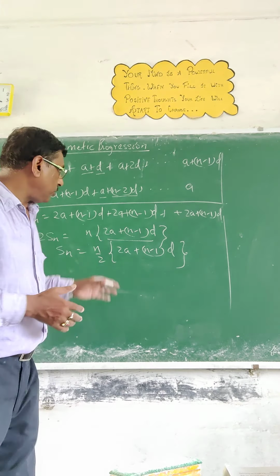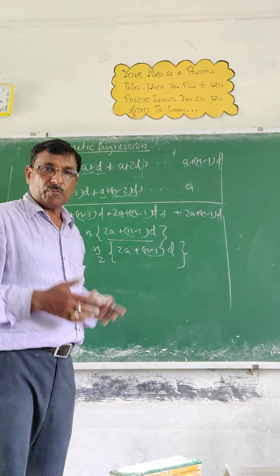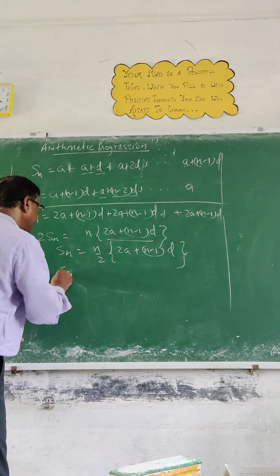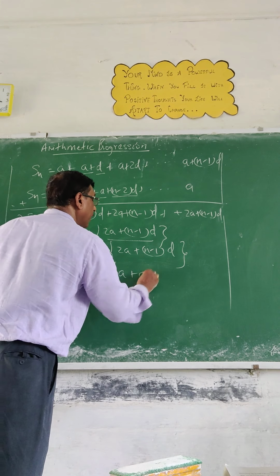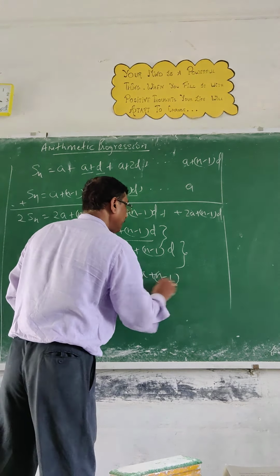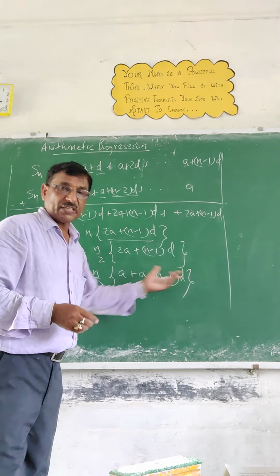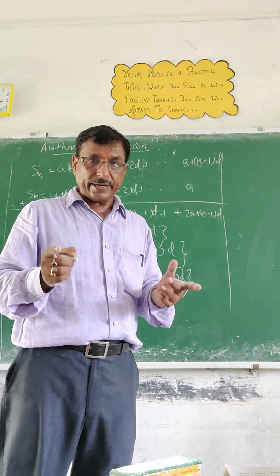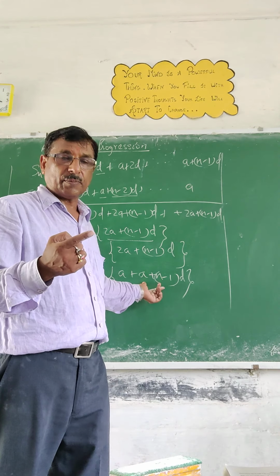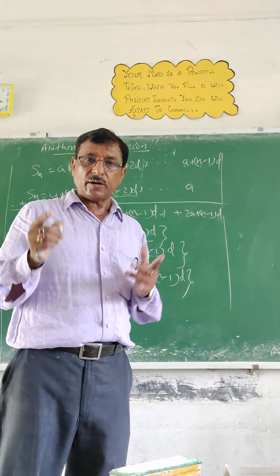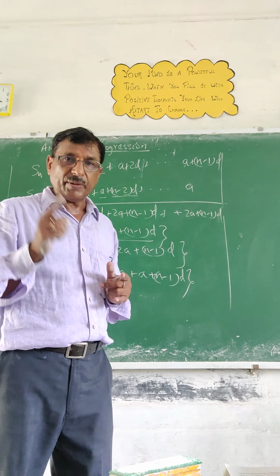Okay. So now we will find the second form. See, Sn equals n upon 2 times (2a plus (n minus 1)d). Can you write it as a plus (a plus (n minus 1)d)? So a plus (n minus 1)d is what? That is the nth term. In your book, this is written as the last term. Let in any AP there be total n terms, so the nth term will be the last term.